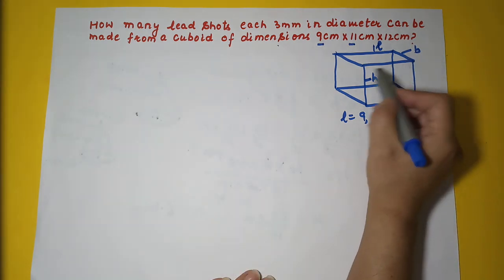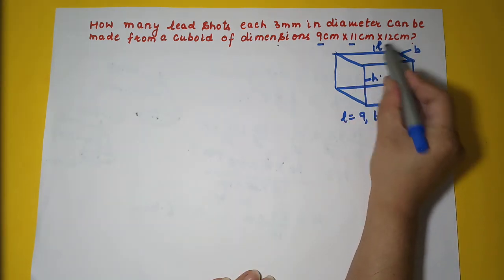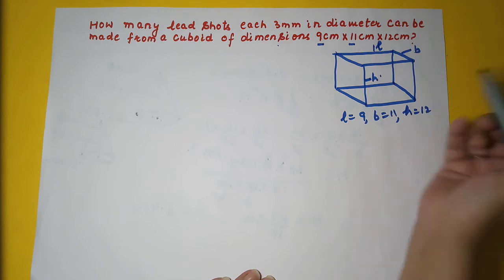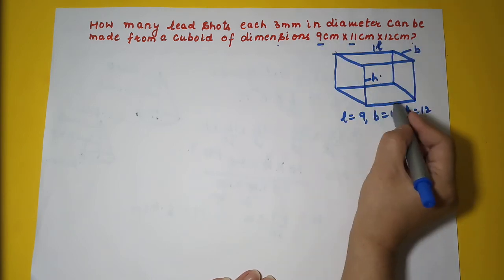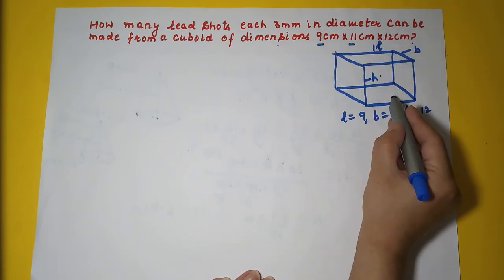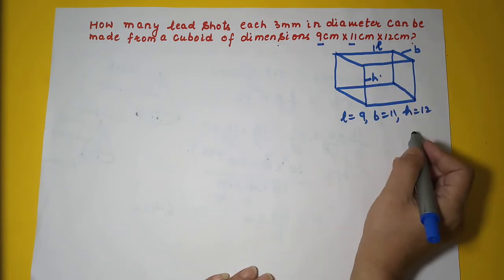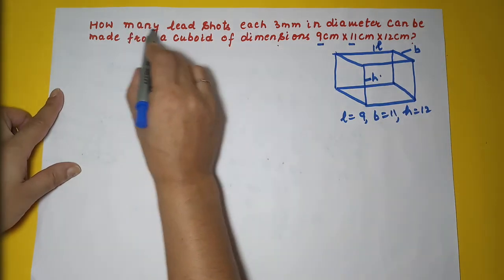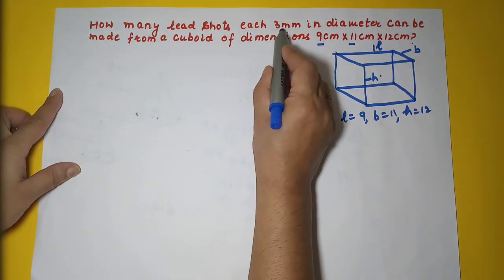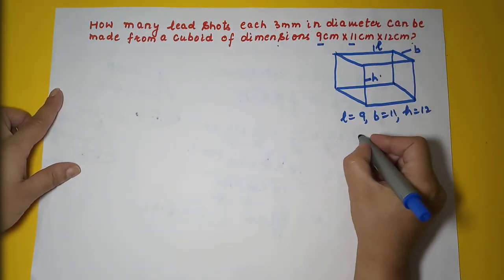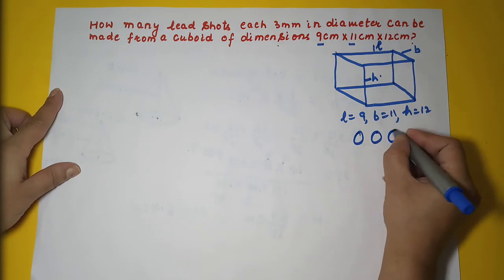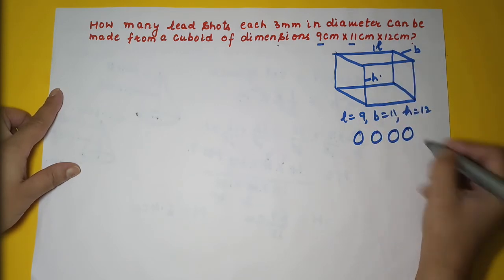But if you look at these dimensions, they are not up to the mark. I have just randomly created a cuboid here. Now, he has given us the diameter of the lead shot. So we are melting this cuboid and creating lead shots.